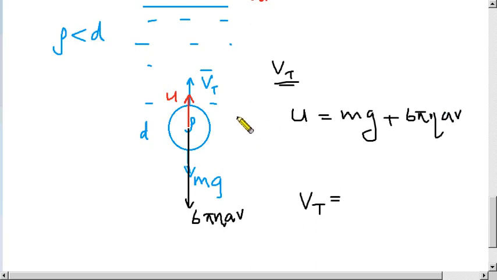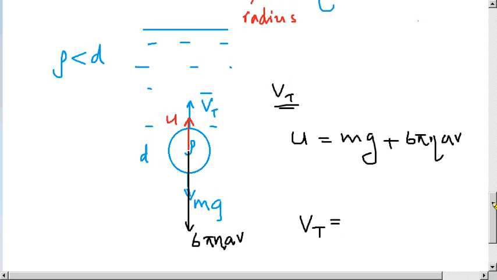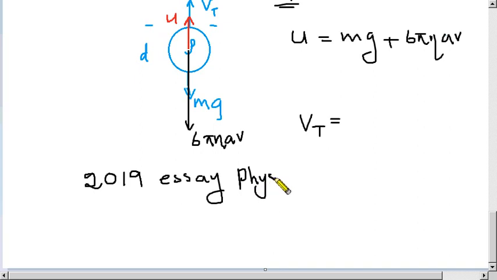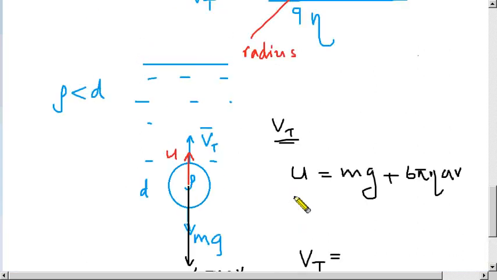So that also can happen, because in the exam they give both normally. In part 2 in the same question they normally give this sort of a problem. So you have to practice. In the 2019 essay paper of physics, you can see the seventh essay question is of this type.